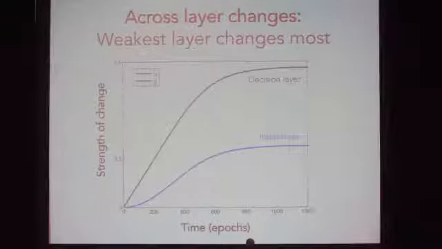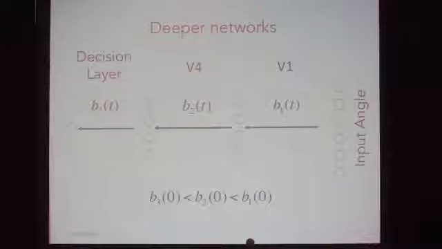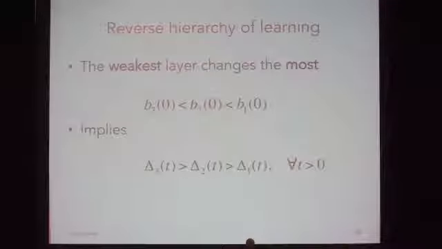That's a two-layer case, but you might ask, does this generalize in deeper networks? The answer is basically yes. Now we have these layer-wise mode strengths, and if they're ordered in some way, so one is bigger than another is bigger than another, if you reverse that order, that is the order of the sizes of the changes.